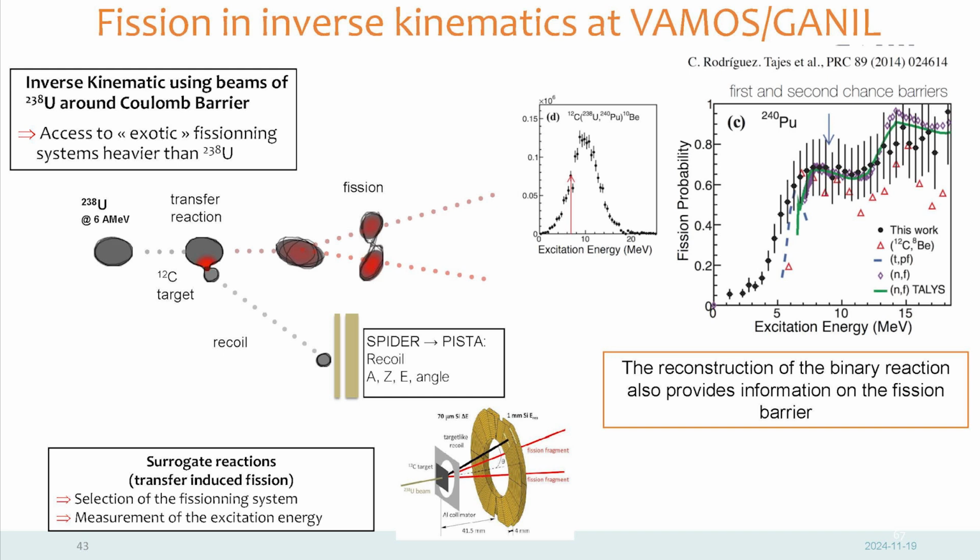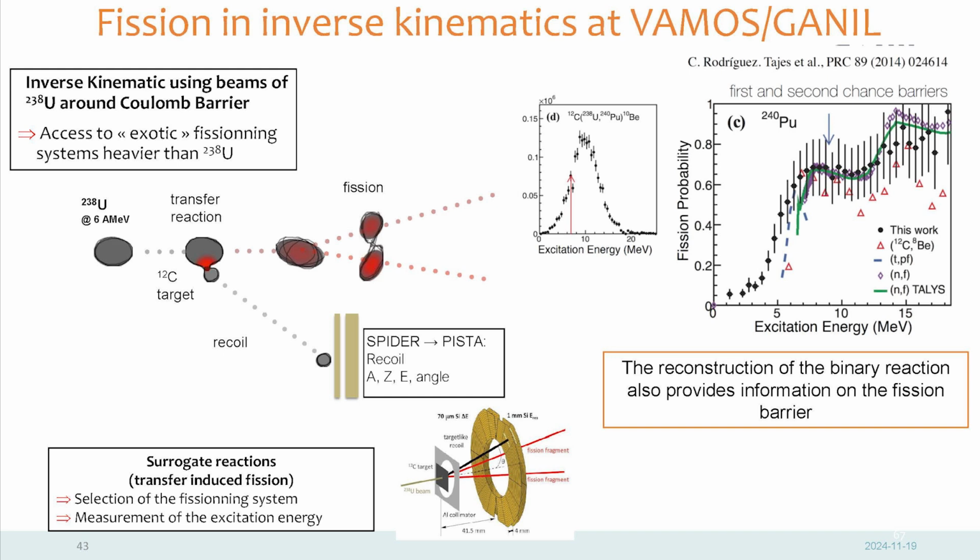So by basically measuring what has fissioned from what has not fissioned, we can get to a fission probability, okay, that you can compare afterwards with neutron-induced or other surrogate methods. So this is basically one way to get some information on the excitation energy. Of course, here you have some limitation on the resolution you can get.